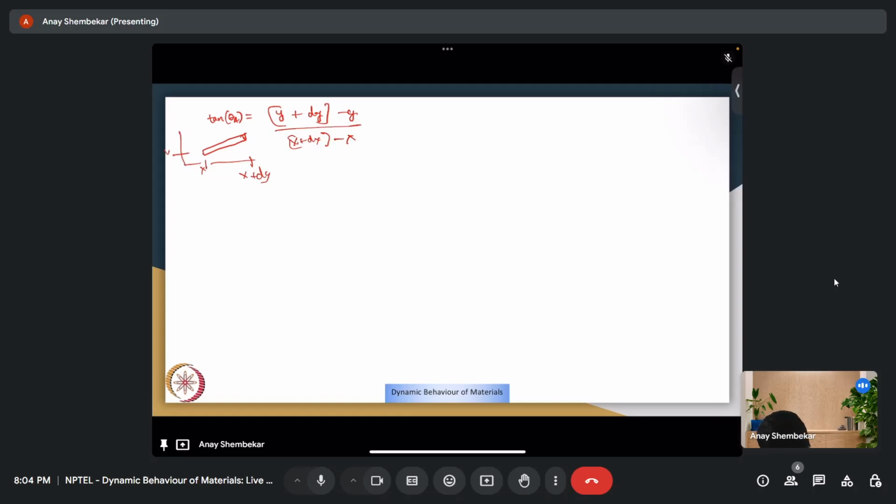This is y, this is y plus dy. This can be approximated to dy by dx at x plus dx. This basically ignores order of dx square terms, which is a valid approximation provided that we are already looking at infinitesimals.